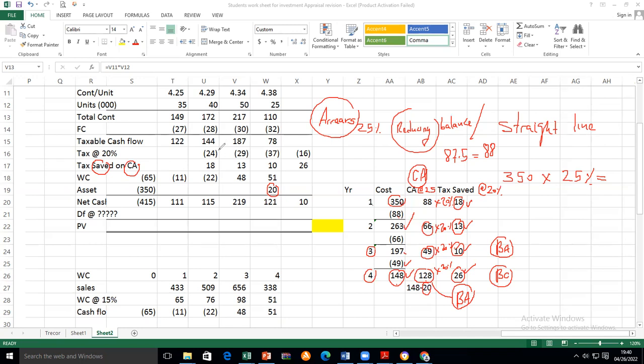So that is why at the time when you go and make the payment, that's the time when your relief will be given to you. So if you notice, then we have dealt with tax: the tax that is payable on the taxable cash flows, and the tax that is saved on the capital allowances.